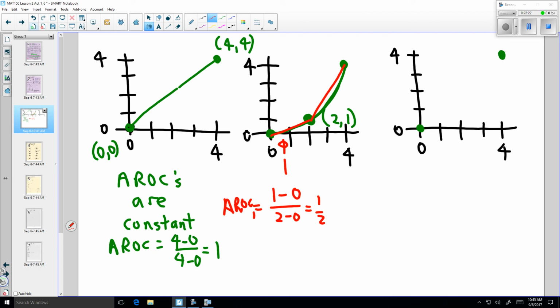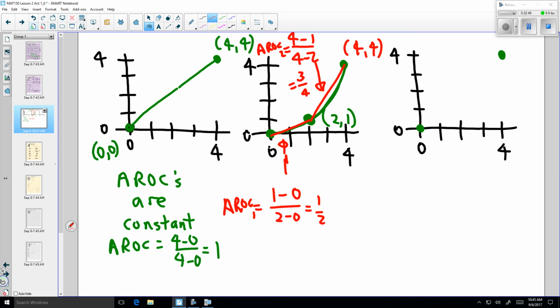And now this AROC is going to be, we're going to end at 4, 4 here, so it's going to be 4 minus 1 over 4 minus 2. And that's going to be 3/4. So this is our second average rate of change, call it average rate of change 2.